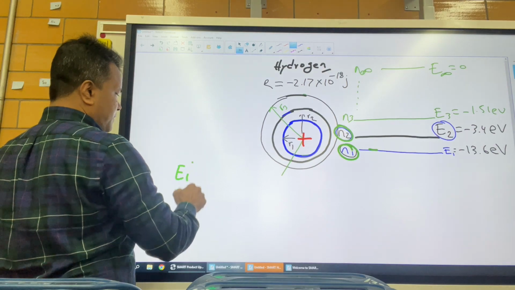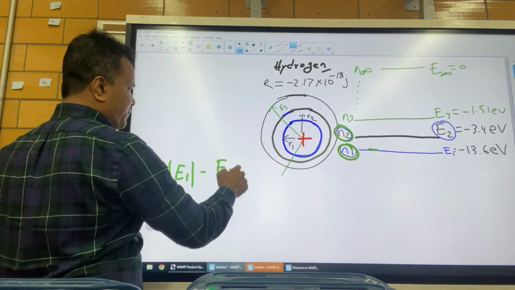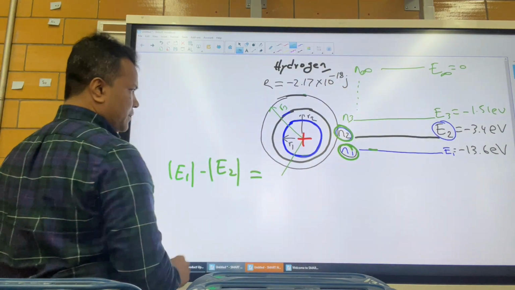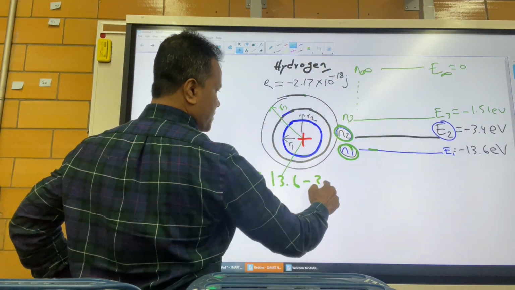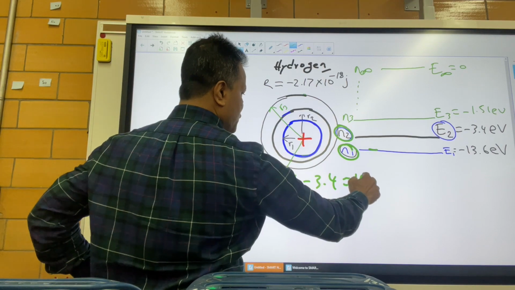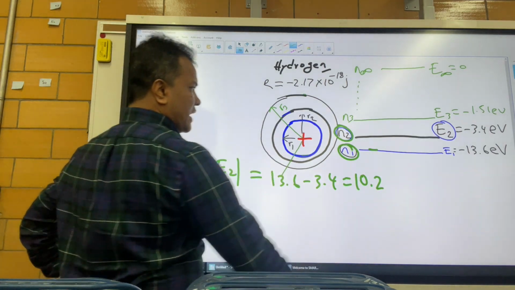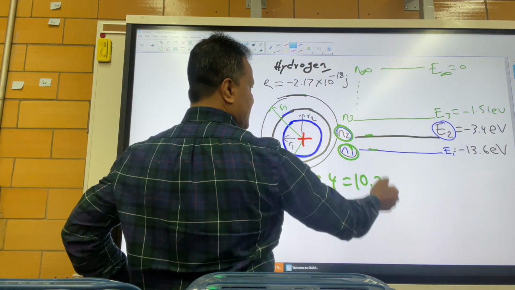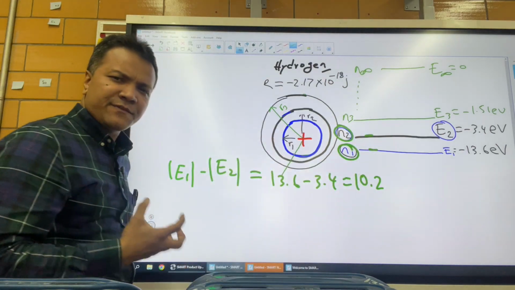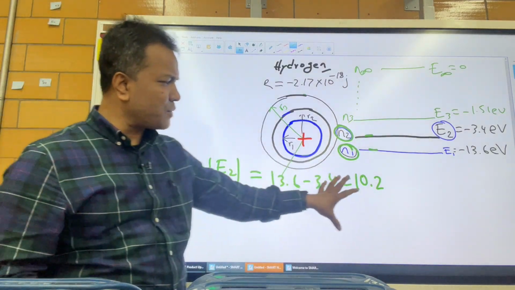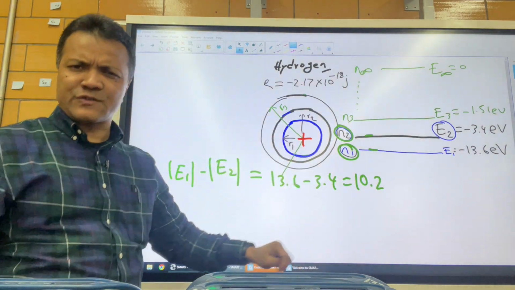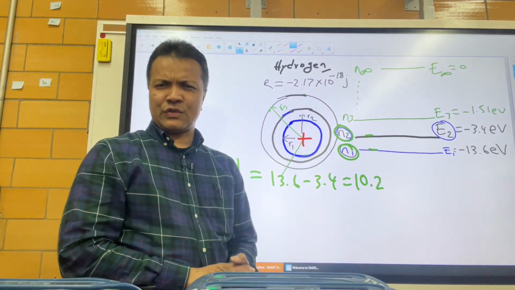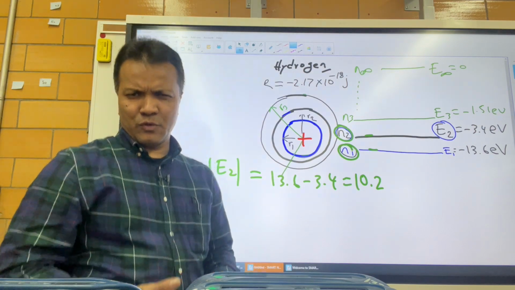E1 minus E2 would be 13.6 minus 3.4, 10.2. The electron can move over here if it can gain 10.2 electron volt. That means it needs that much energy to move up.